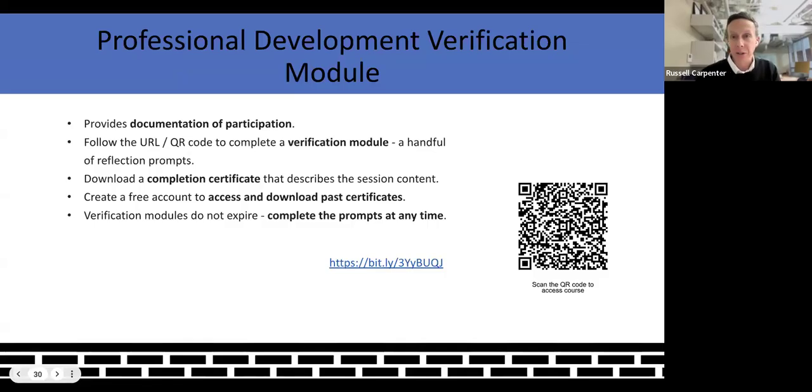We've designed a professional development verification module, which you can access via the bit.ly link or the QR code. I'll leave this up for a little bit here, but this will give you verification that you've participated in the backward design webinar. It provides documentation of your participation, and you can follow the QR code or the URL to access several questions.